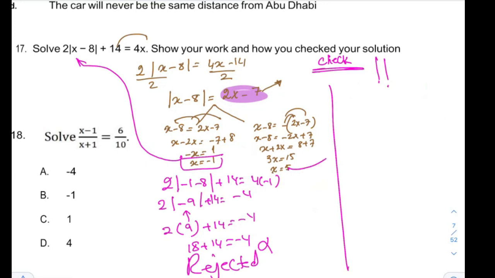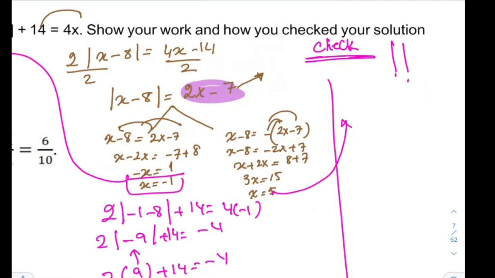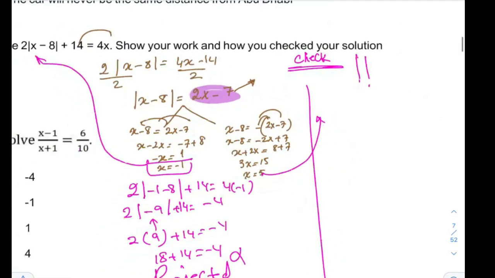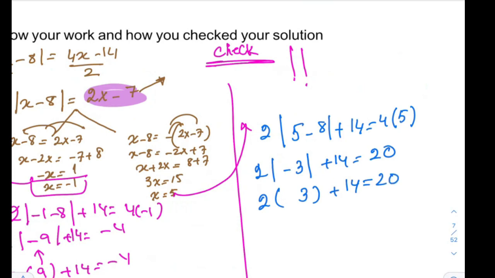Let's check for x equals 5. Same thing, you put the 5 in the original equation. So go to the original equation, and we put the 5 instead of the x in both sides, in each side. Don't forget anything. So 2 absolute value of 3 plus 14 is 20. 6 plus 14 is 20.